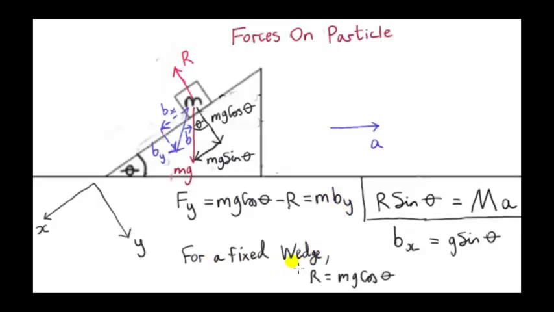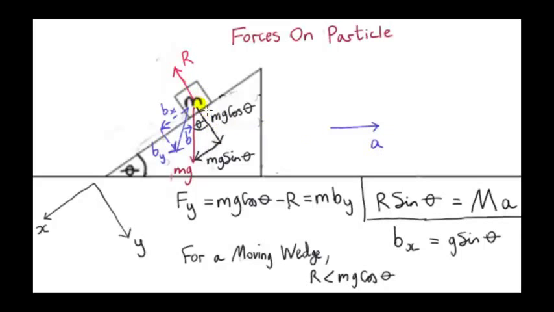For the case of a fixed wedge, we saw that R was equal to mg cos theta. That's because the particle had no acceleration in a direction perpendicular to the incline. In this new situation, R is actually less than mg cos theta. Okay, now intuitively this makes sense. We would expect the force on the particle due to the wedge to decrease if the wedge is free to move to the right.